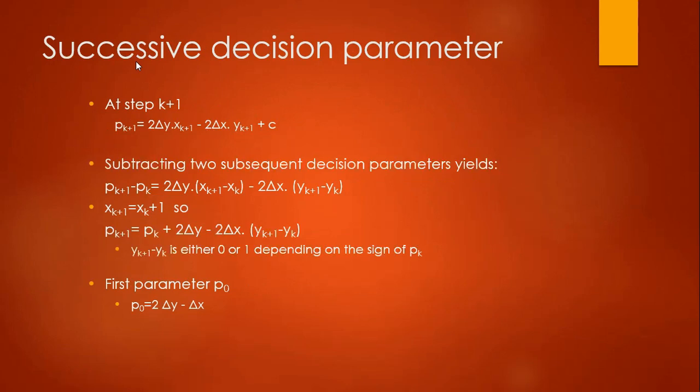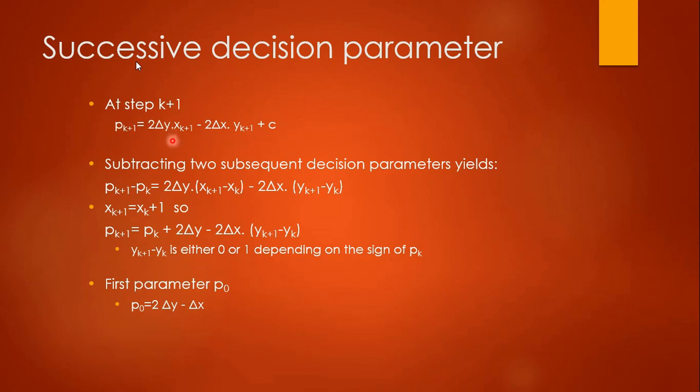At step k plus 1, the decision parameter is evaluated as pk plus 1 is equal to 2 delta y into xk plus 1 minus 2 delta x into yk plus 1 plus c. So c is a constant here. This is the formula. The previous formula was pk equal to 2 delta y into xk minus 2 delta x into yk plus c.